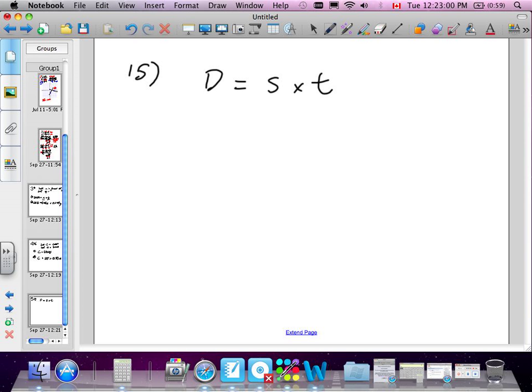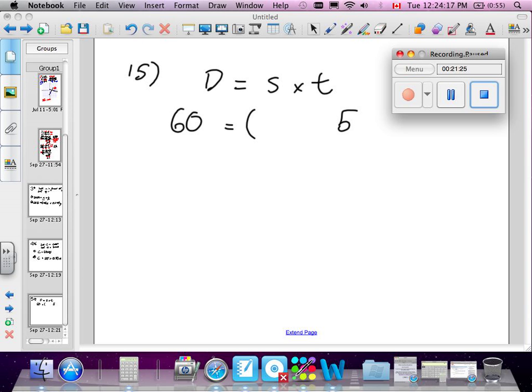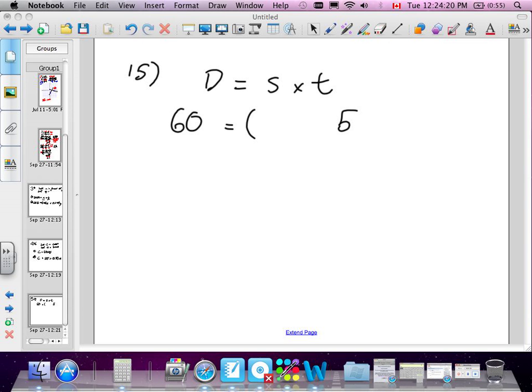A motorboat took 5 hours to travel a distance of 60 kilometers against the current. So, first of all, our distance is 60 kilometers. Our time was 5 hours. And they were traveling at a speed. It says they went against the current.